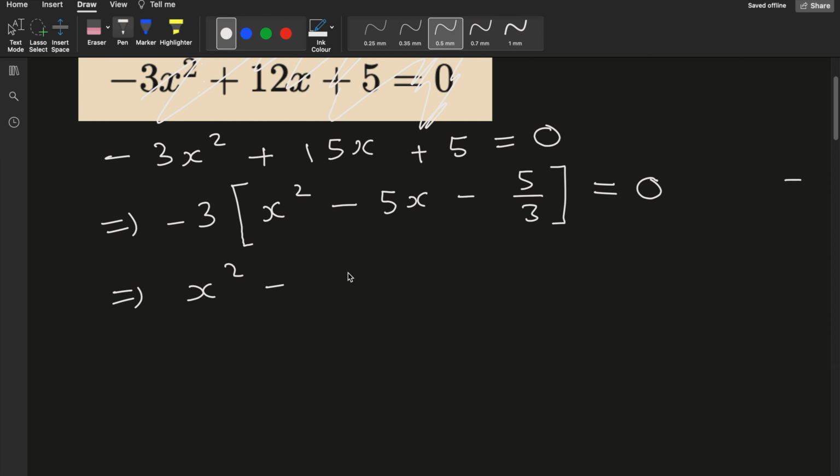So x squared minus 5x minus 5 divided by 3 equals 0. Now let's solve this.